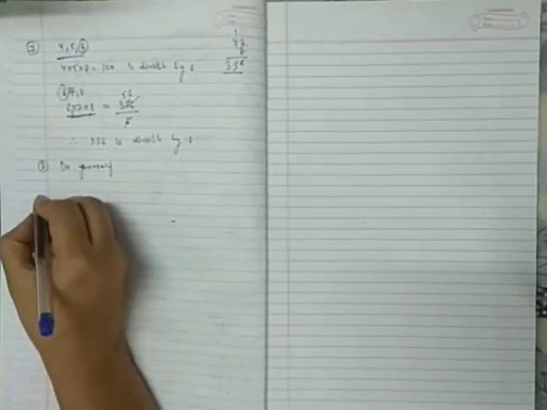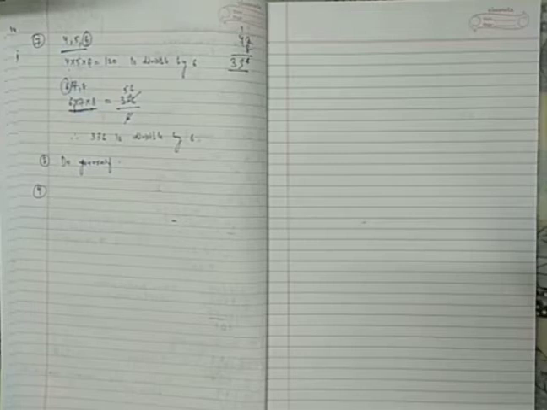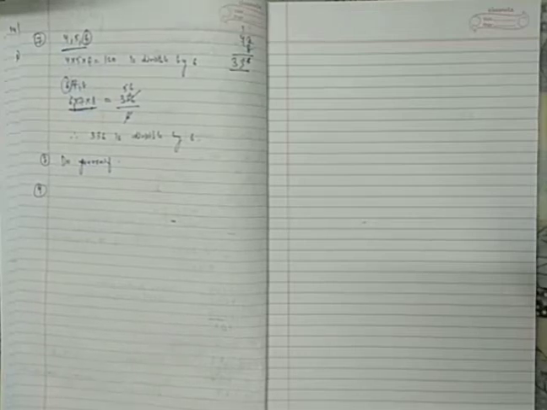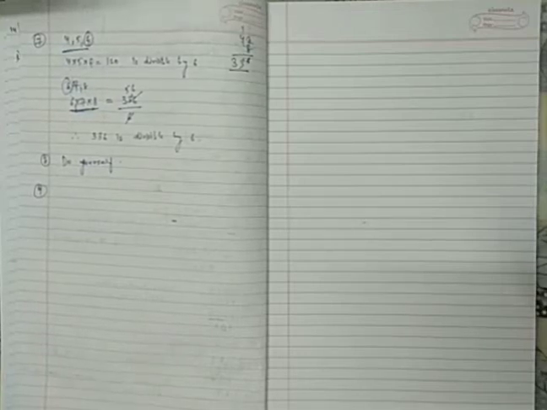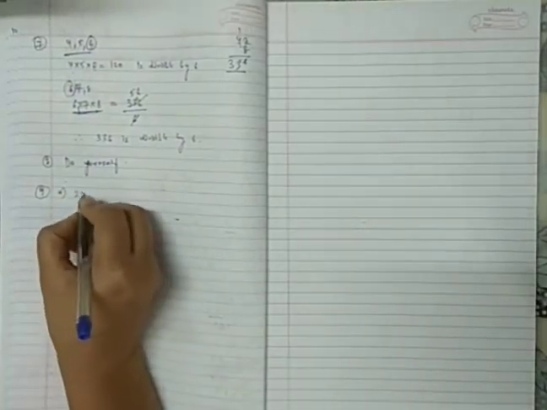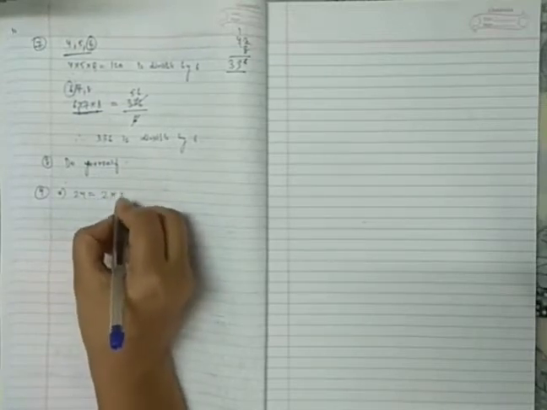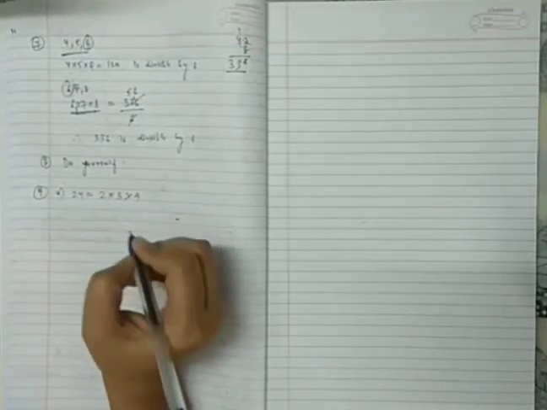Now question number 9. Okay, this is an interesting question. They have asked in which of the following expressions prime factorization has been done or not done. Observe question number 9. It is 1a. 24 is equal to, I'll solve the first question. 24 is equal to 2 into 3 into 4, right?